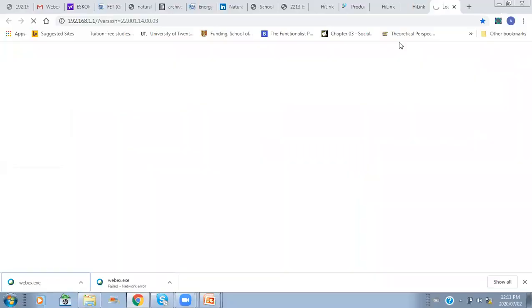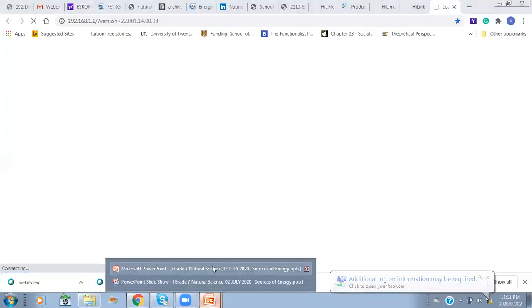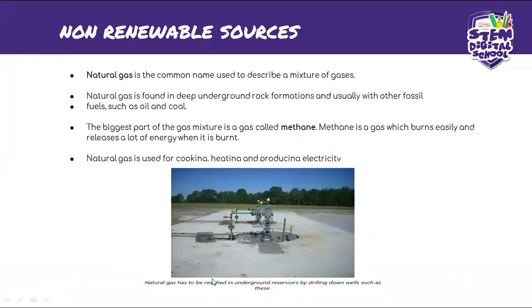Methane is a gas which burns easily and releases a lot of energy when it burns.